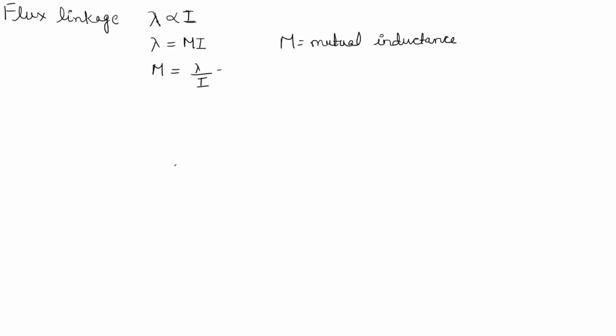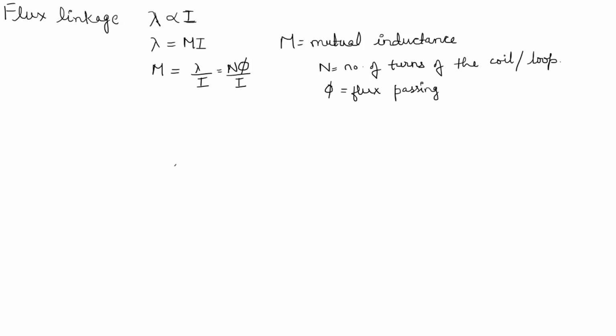Now this lambda is equal to N into phi. What is N? N is the number of turns of the coil or the loop given, and phi is the flux passing through the loop.